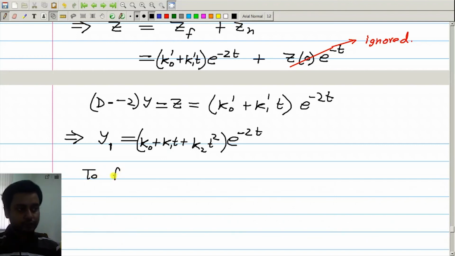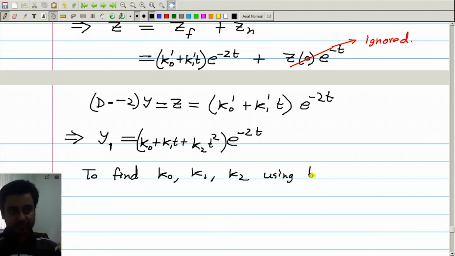Now we have to find these values of k0, k1, k2 using back calculation.